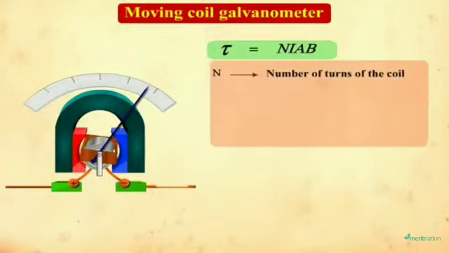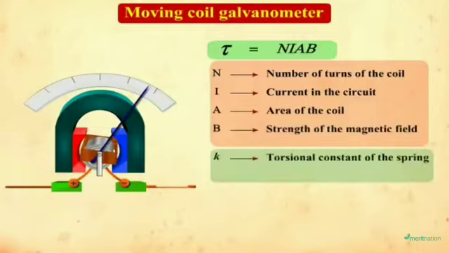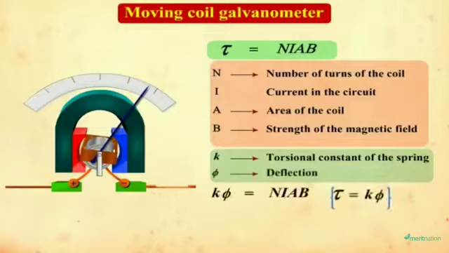As you can see on the screen, tau is equal to NIAB, where capital N is the number of turns of the coil, I is the current in the circuit, B is the strength of the applied magnetic field, and A is the area of the coil. Now small k is the torsional constant of the spring, theta is the deflection, and k theta is equal to NIAB.